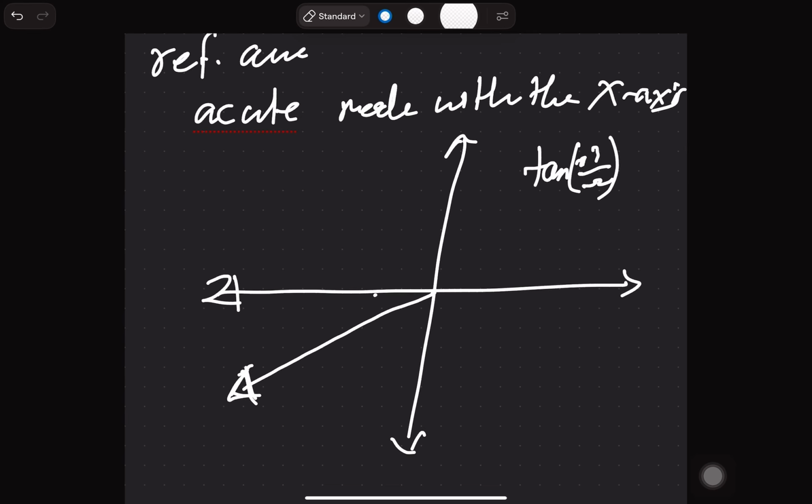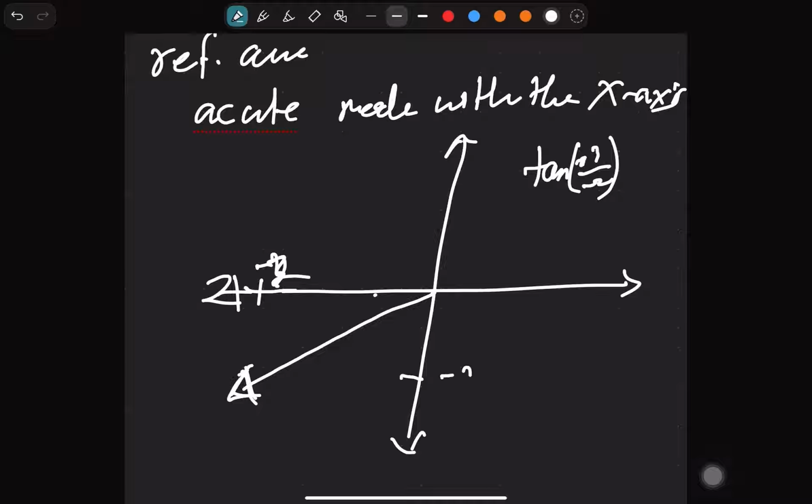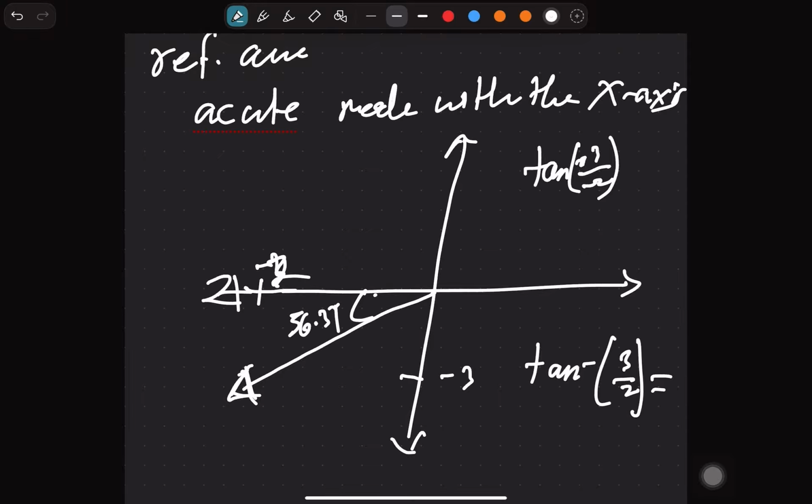So even though here might be, for example, -3 and 2, when we are solving for this reference angle, we use tan inverse of 3 over 2. Whatever answer we get, in this case 56.31 degrees, this is the angle we've made with the x-axis, which is an acute angle.